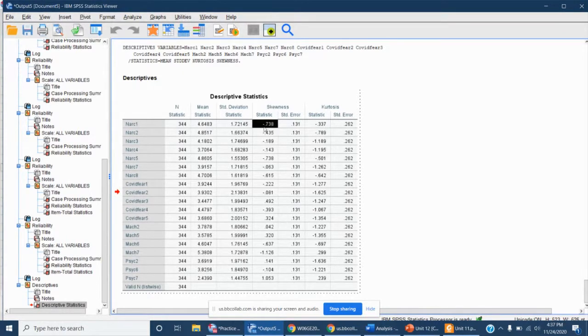Skewness is between -2 and +2 for all responses, on the positive or negative side. So all our responses are normally distributed according to this criteria. Kurtosis must be between -7 and +7, and all the values are very much within the range.